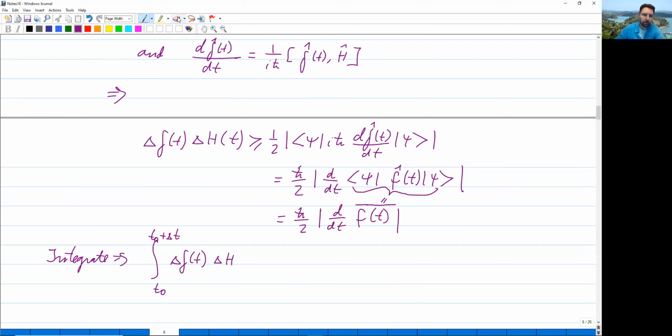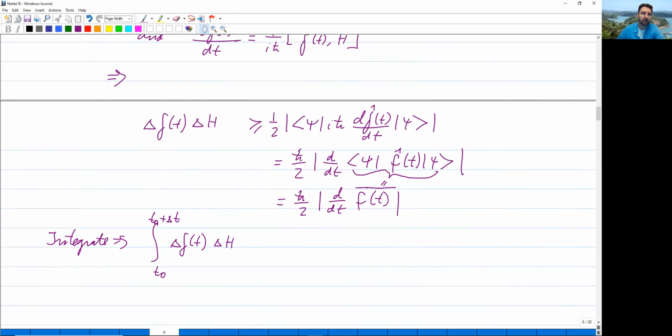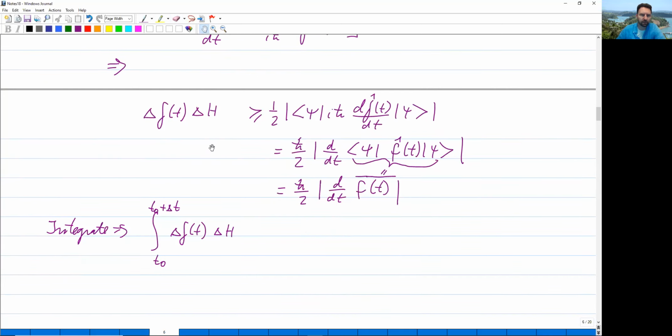And actually, let me remind you that this is not time dependent because h, the Hamiltonian, is not time dependent. So neither is its expectation value or its variance. So we integrate that over t. And then we find that this is larger equal to what we get when we time integrate the right-hand side.